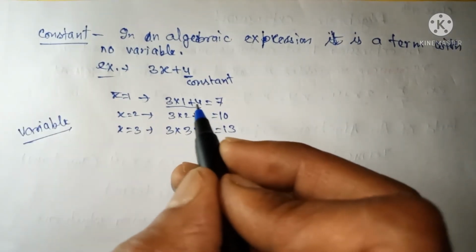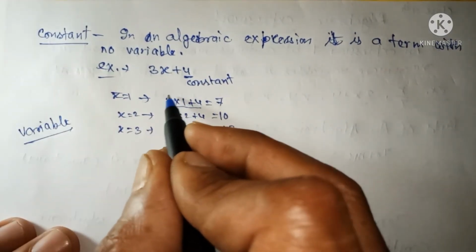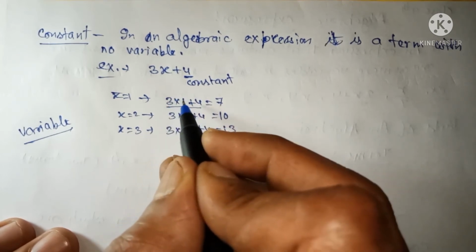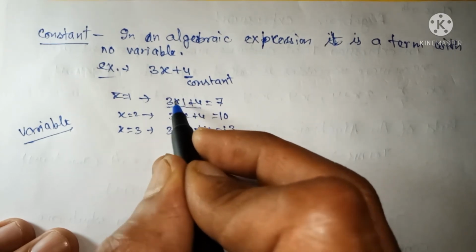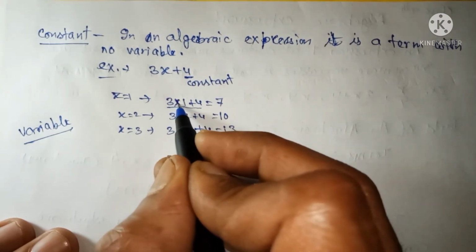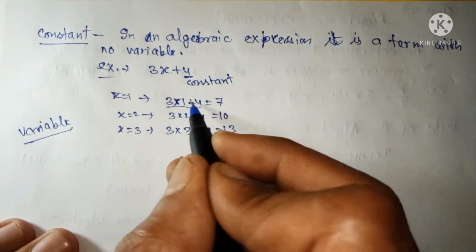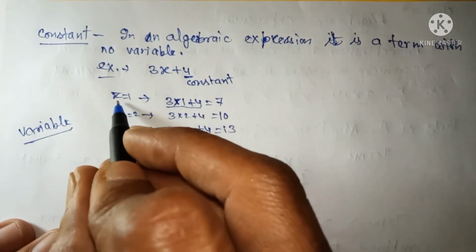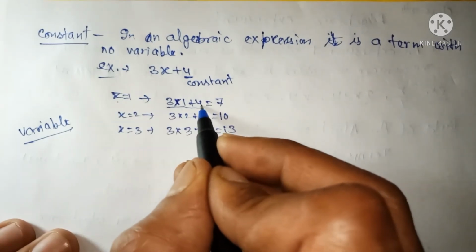We can see that the term having a coefficient and a variable can be changed, but 4 is always 4. When x is 1, we take 4 as 4, it has a fixed value.